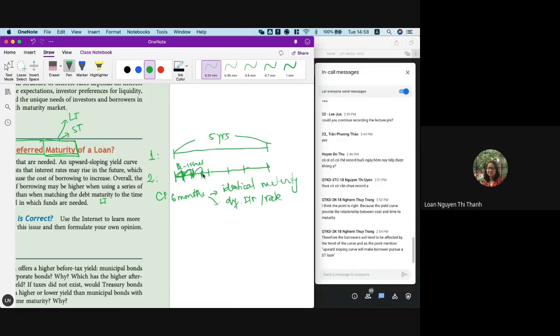So 10 commercial papers to meet the 5-year loan demand, or 1 5-year bond to lock in the long-term rate. But here, you will face a variable change in the interest rate every 6 months.